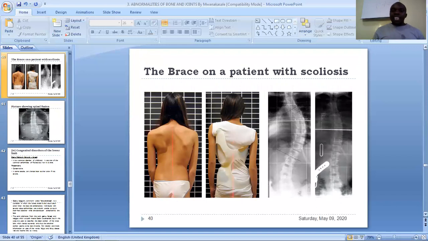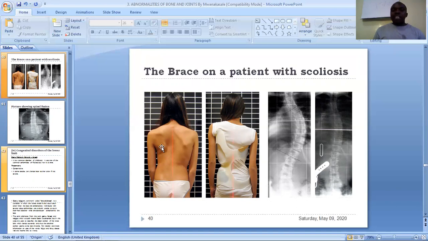So that picture in that slide is showing a woman with scoliosis. As you can see, if you're able to follow my cursor, the first picture there doesn't have any piece of cloth for you to see the protrusion of the shoulder blade, and also the inferior angle of the right scapula is actually protruding there.